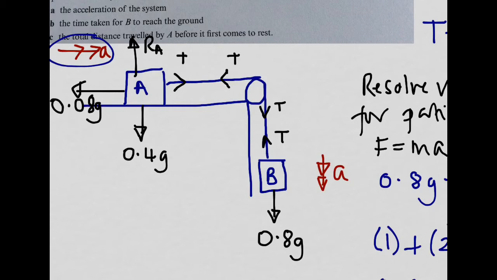After that point, things change though, because A now doesn't have tension in the rope. There is no tension, and we need to think about what does that mean, because if there's no tension, there's nothing pulling it along anymore, nothing pulling it in the direction of the pulley.